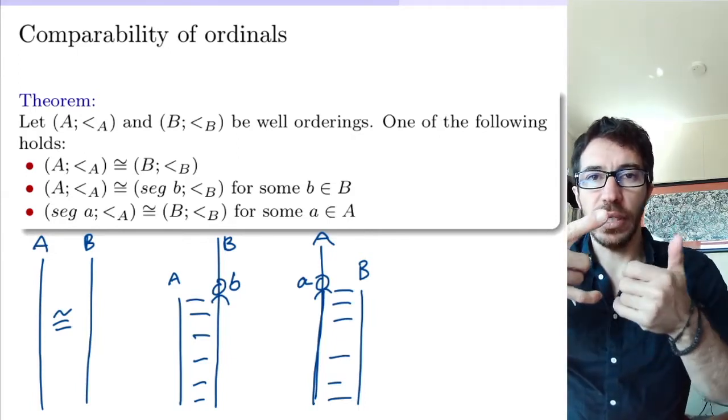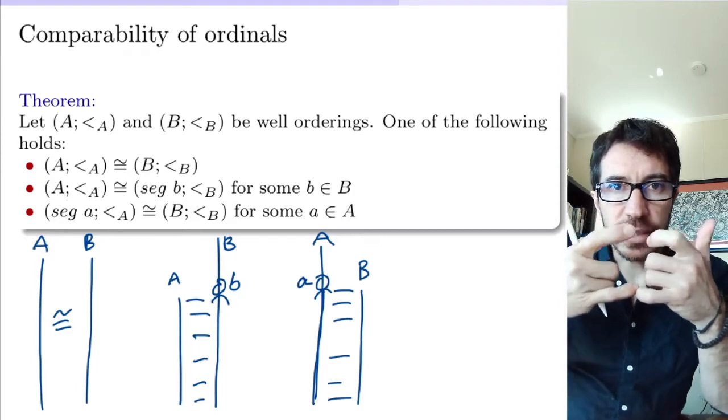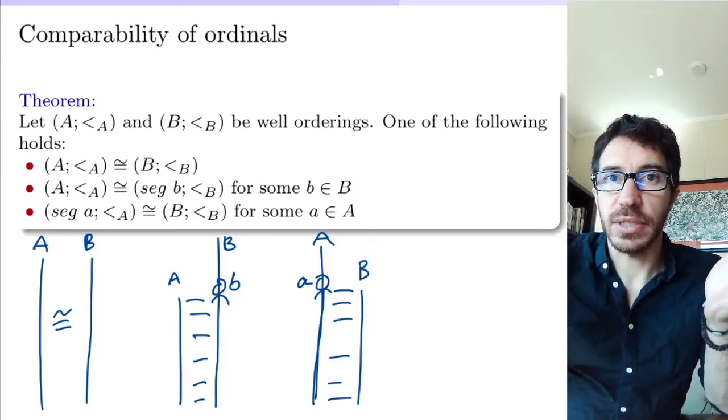One has to be isomorphic to an initial segment of the other, or they're just the same.